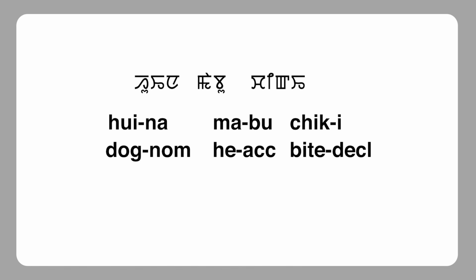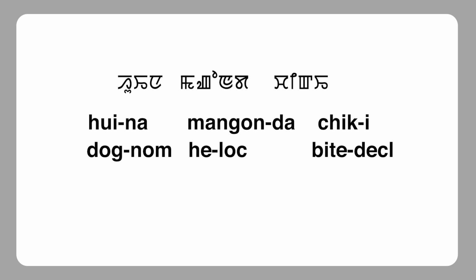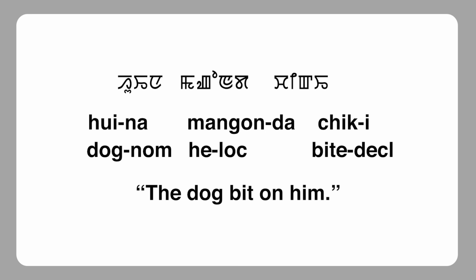An additional phenomenon is the alternation between person and location. Huina mabu chiki. The dog beat him. Huina mangonda chiki. The dog beat on him.